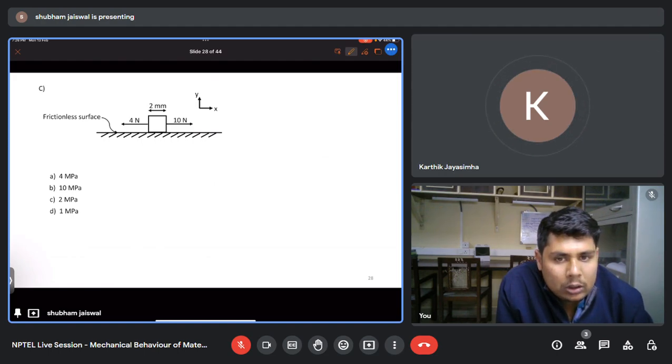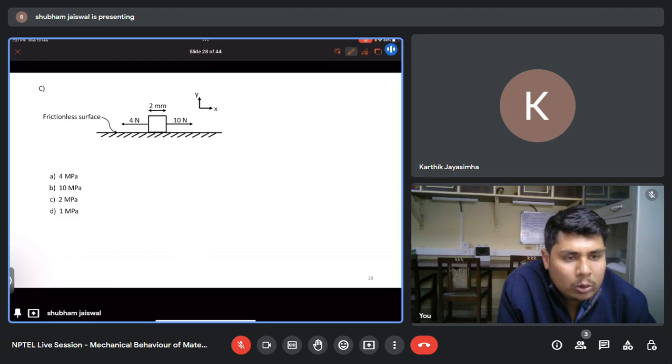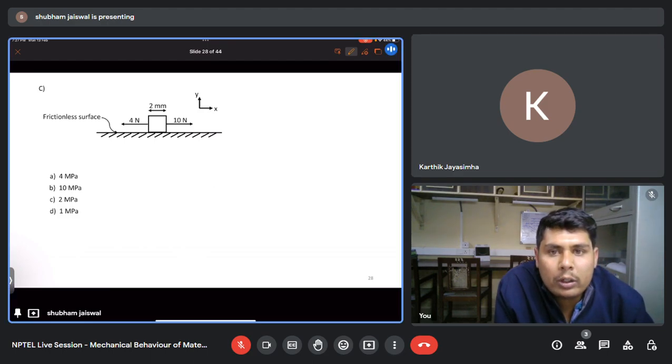So that 4 Newton will resist the material from moving, and it will generate some internal resistance. So among that 10 Newton, only 4 Newton is contributing to generating internal stresses.